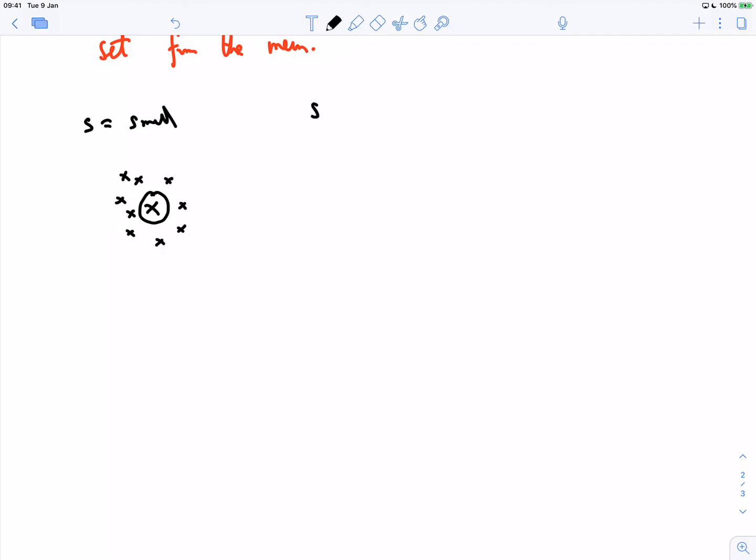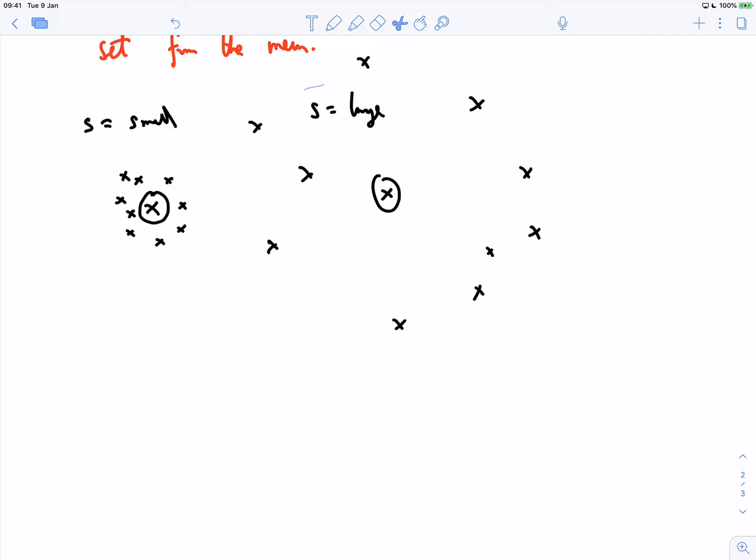But if S was large, i.e. the standard deviation was large, then what would that look like? Well, you'd have your mean here, but then you'd have the points scattered, the average distance from each of the points to the mean is a lot larger.